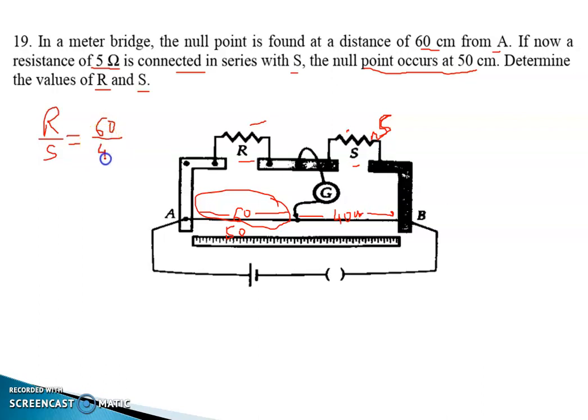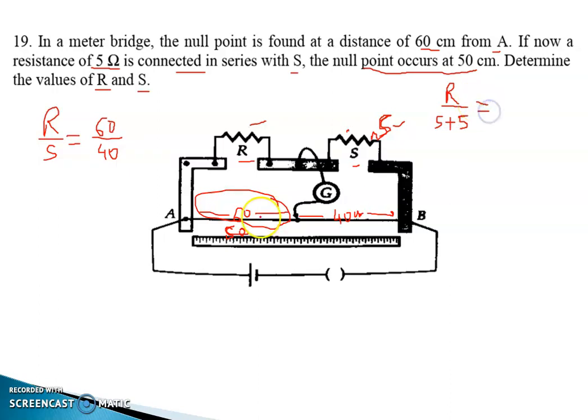In the second condition, when S is connected in series with 5 ohm, the balancing length becomes 50 centimeter. So for the second case, resistance R will remain the same, but the second resistance becomes S plus 5, since in series combination resistance is directly added.